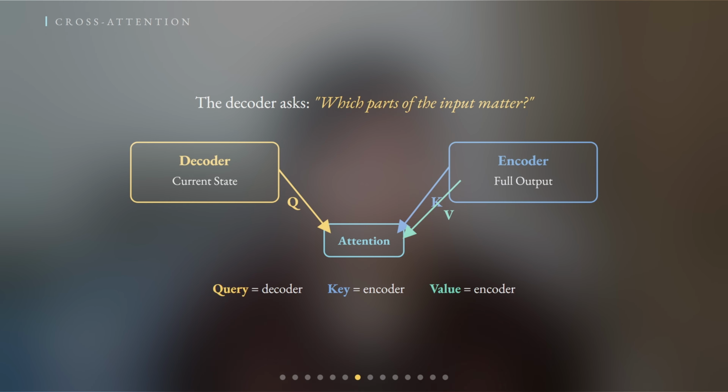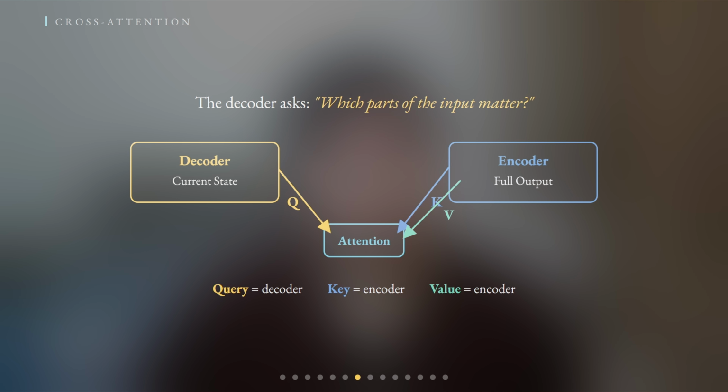This is the key asymmetry. In self-attention, Q, K and V all come from the same sequence. In cross-attention, Q comes from one sequence and K and V come from a different sequence. Let me say that one more time because this is the single most important mechanical fact about cross-attention. The decoder creates the queries.